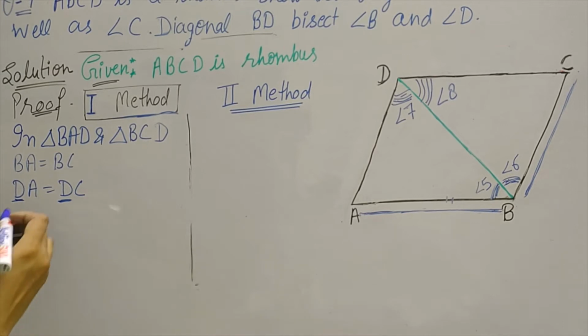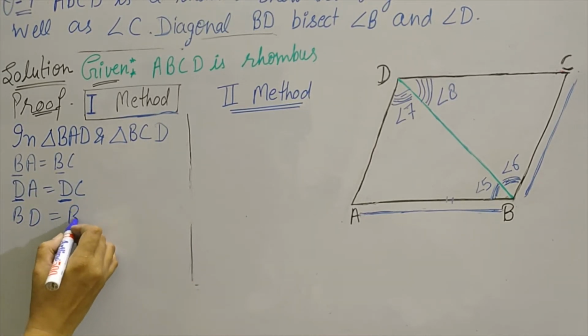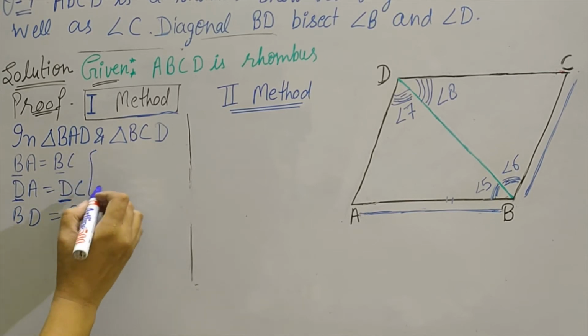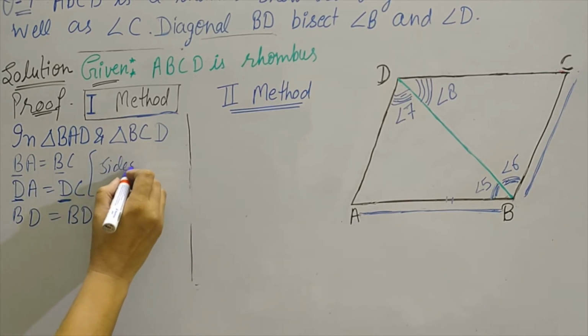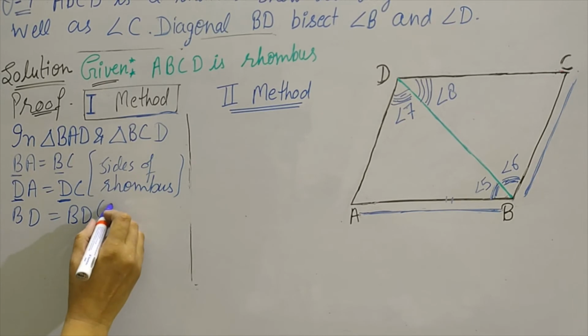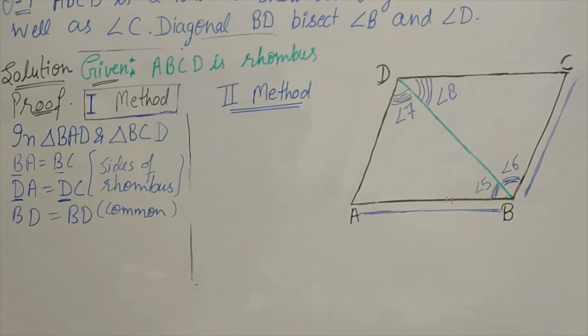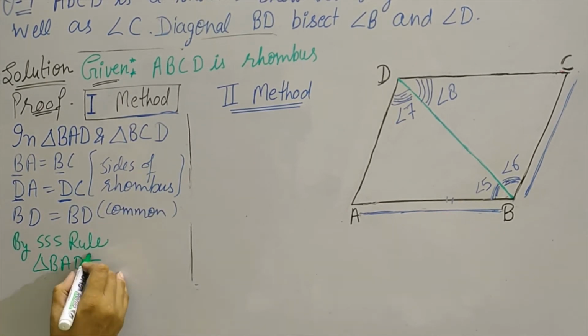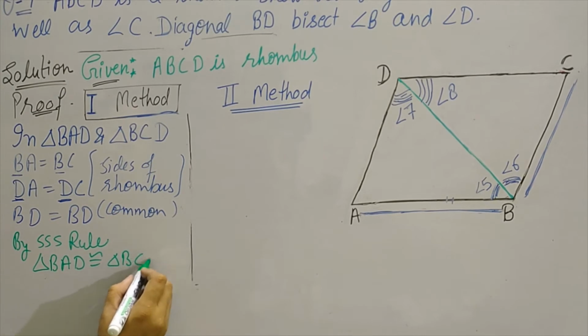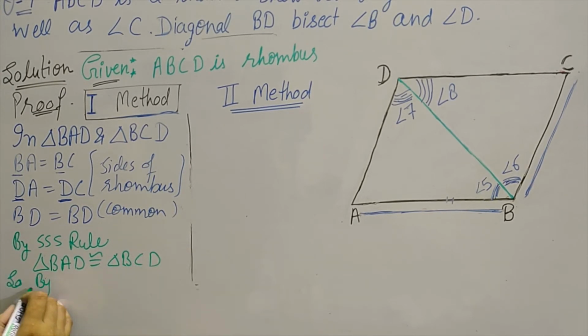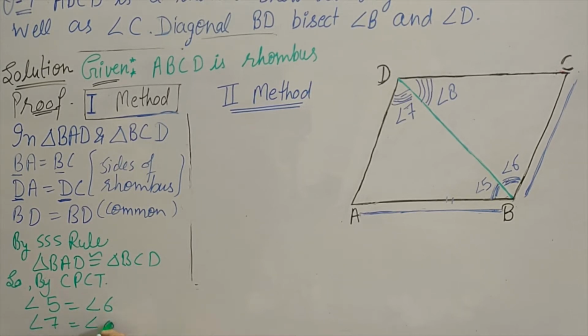Okay, and third side, clearly you can say BD is equal to BD. It's common. So these two have the same logic, sides of rhombus, and this one is common. So by SSS rule, triangle BAD is congruent to triangle BCD. So by CPCT, we can say angle 5 is equal to angle 6, angle 7 is equal to angle 8.